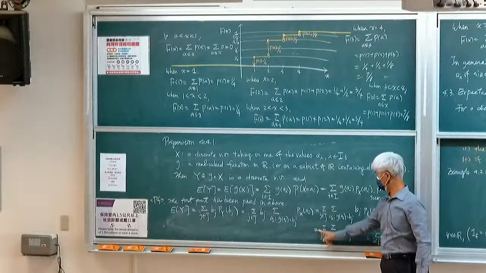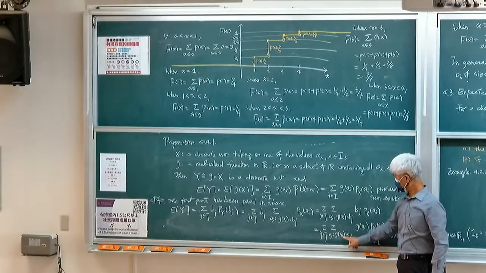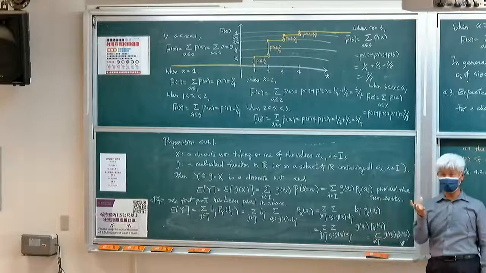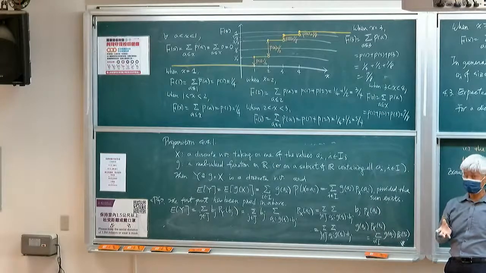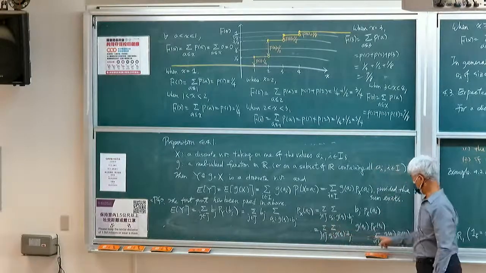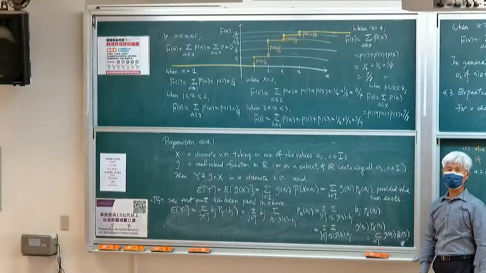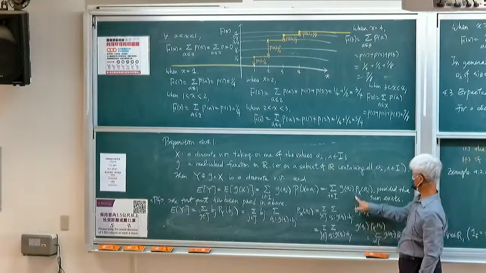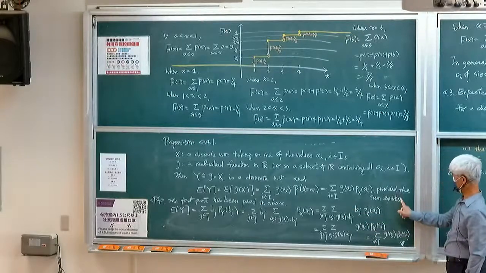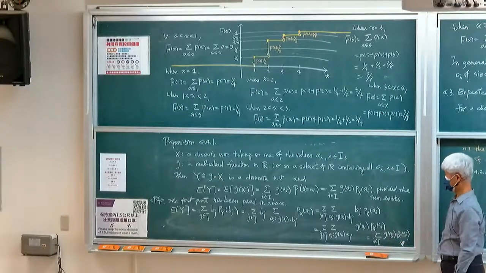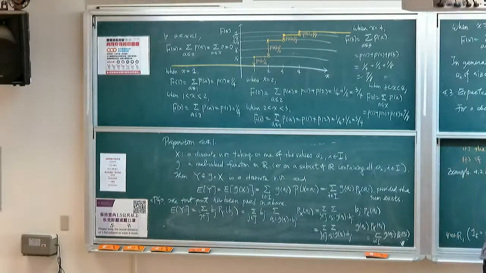Each AI corresponds to some Bj, because Bj is all possible values of Y. So if you combine together, this double sum will run over all possible AI, and so this is the final result we get here, provided that the sum exists, of course. So we need to justify whether the sum exists or not.